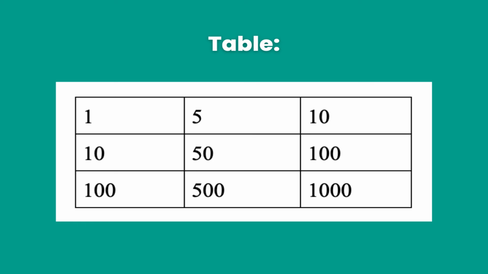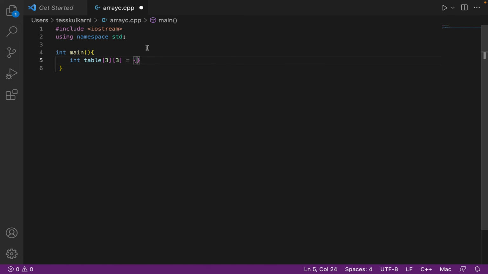So I will go back to my code. Now inside these braces, I will create a new pair of braces. This new pair of braces represents the first row inside my table. So I will fill in the values that are in the first row of my table in these new braces. So I will type 1, 5, 10. Great. Now I have declared the values for the first row.